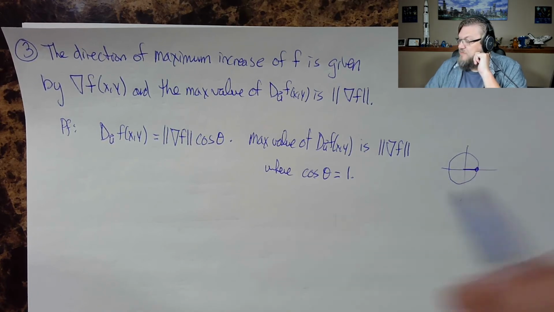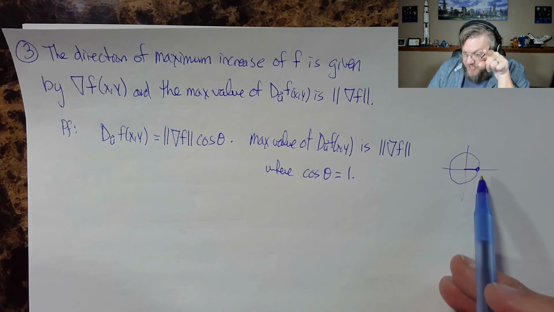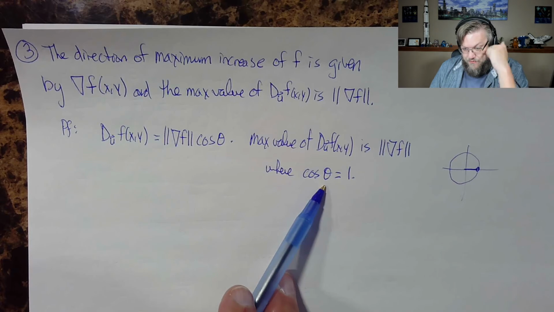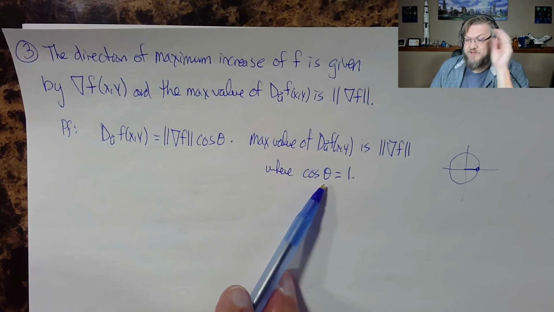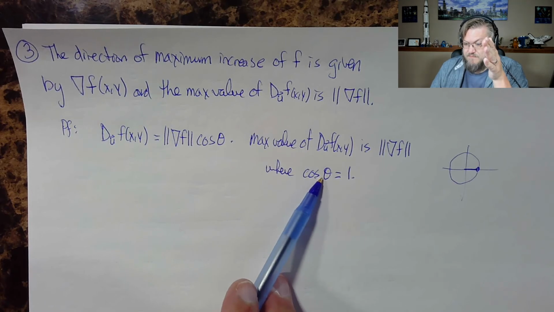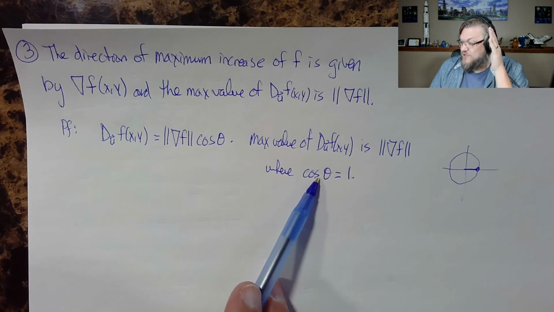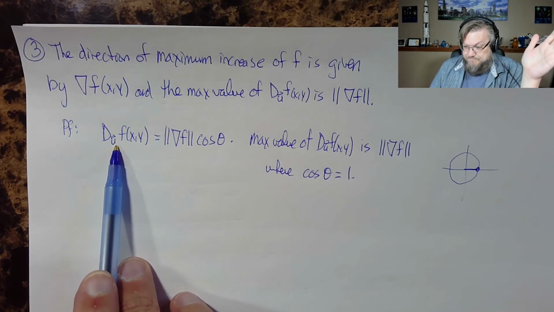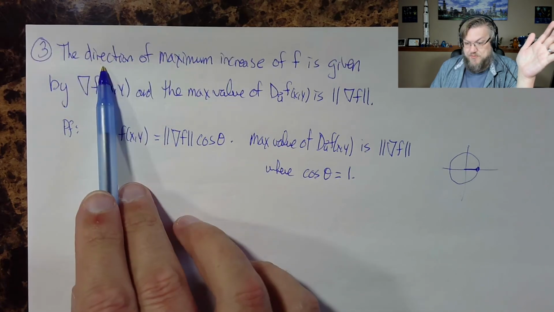That means that the angle between the direction I'm looking at and the gradient vector is 0 degrees. In other words, I'm looking in the direction of the gradient. What that means is when I look in the direction of the gradient, the directional derivative is as big as it can get.